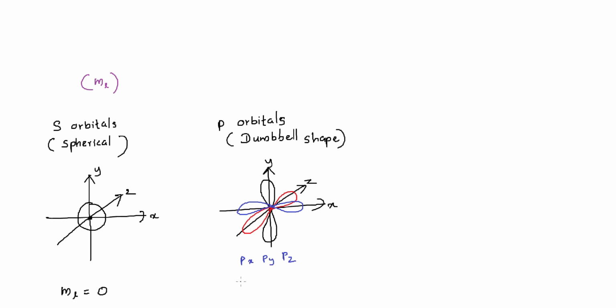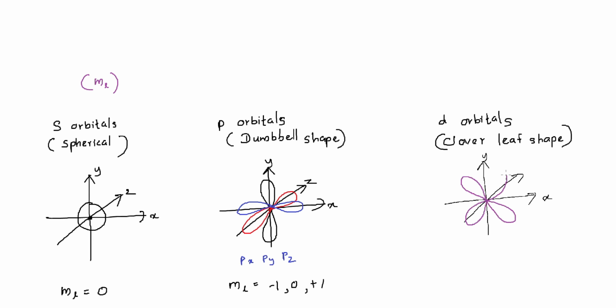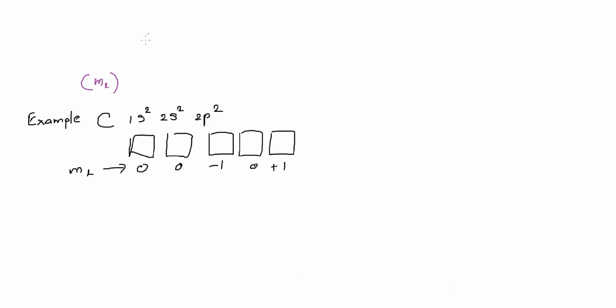Their magnetic quantum numbers are -1, 0, and +1. D orbitals have a more complex cloverleaf shape, with 5 different orientations. Their magnetic quantum numbers range from -2 to +2. For example, carbon has 2 electrons in the 2p orbitals, and each one is assigned a different magnetic quantum number.